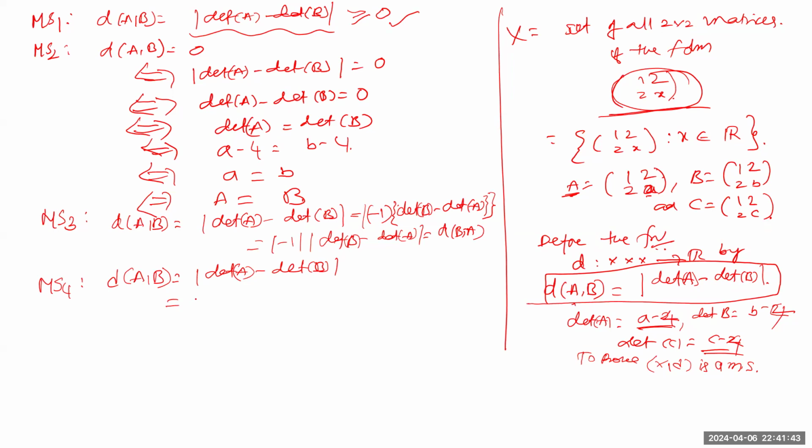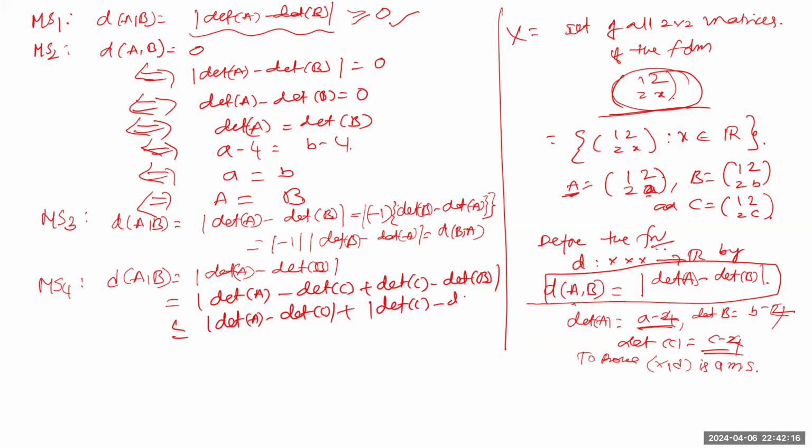So that is modulus of determinant of A minus determinant of C plus determinant of C minus determinant of B. Again you apply the triangular inequality of the modulus, that is modulus of determinant of A minus determinant of C plus modulus of determinant of C minus determinant of B. So this is nothing but d of A comma C plus d of C comma B.